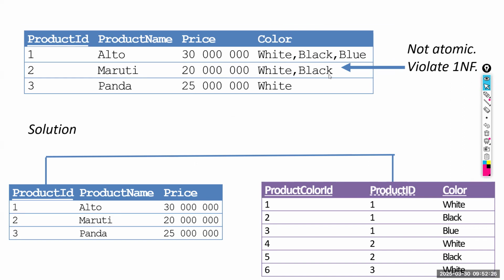Maruti, we have 2 colors. Panda, we have 1 color. It can change in the future. Maybe Panda also we will get blue color. So therefore, here a single field has multiple values, which violates first normal form, or atomicity.